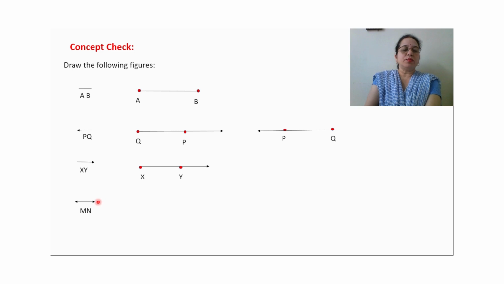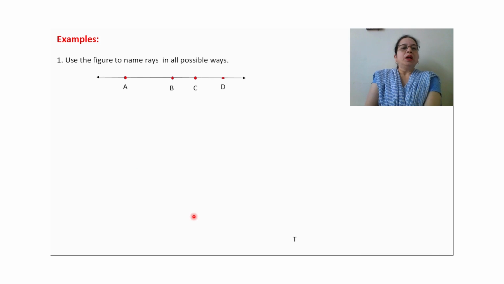Next one, this is the symbol for line. Line means no fixed point. So this is the line and 2 points M and N are shown on the line. Now the figure is given, you are supposed to name the rays in all the possible ways. So just like line, here we will take one point and write down rays starting from that point.